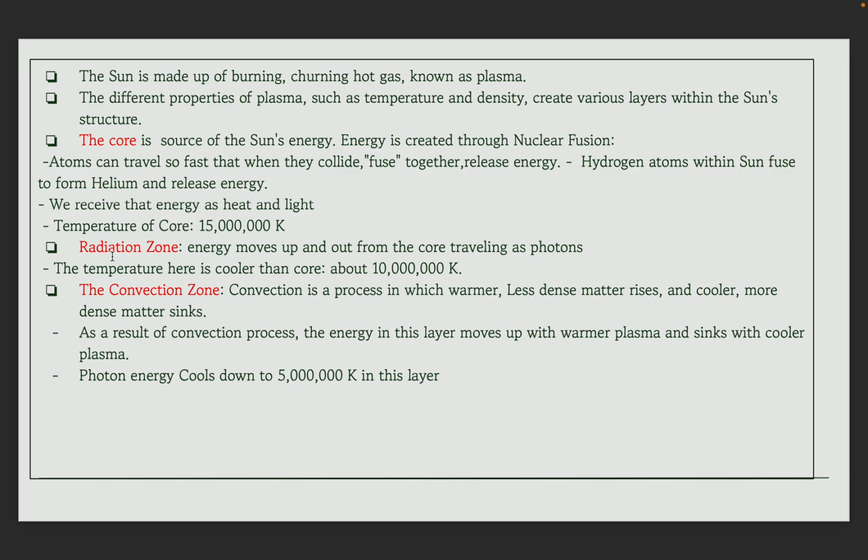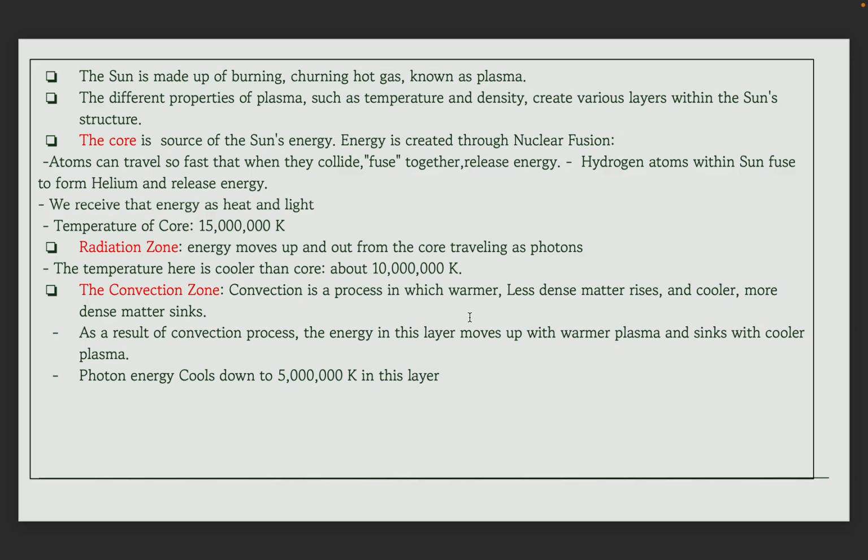The convection zone is the last zone of the interior, and in here the convection process happens, in which warmer and less dense matter rises, and cooler and more dense matter sinks. As a result of the convection process, the energy in this layer moves up with the warmer plasma and sinks with the colder plasma. Here the temperature is lower than both the core and the radiation zone.